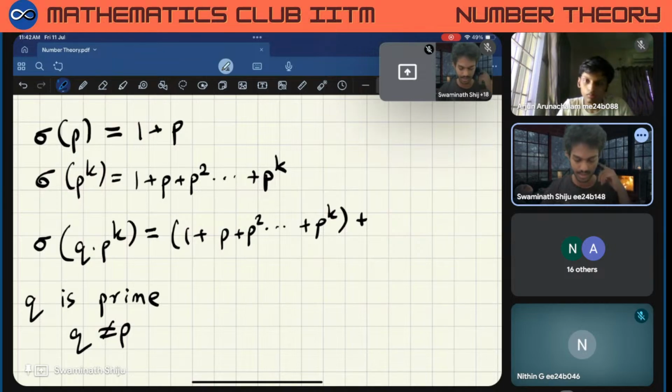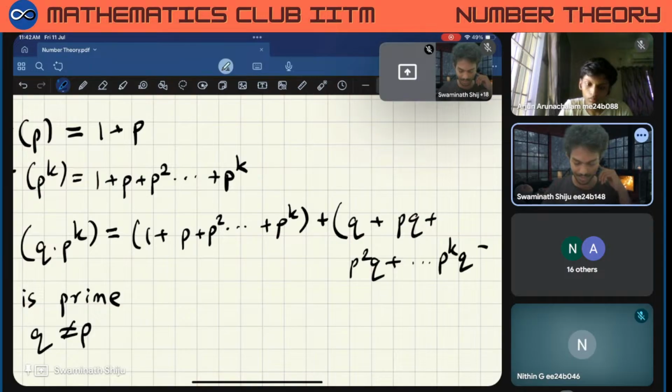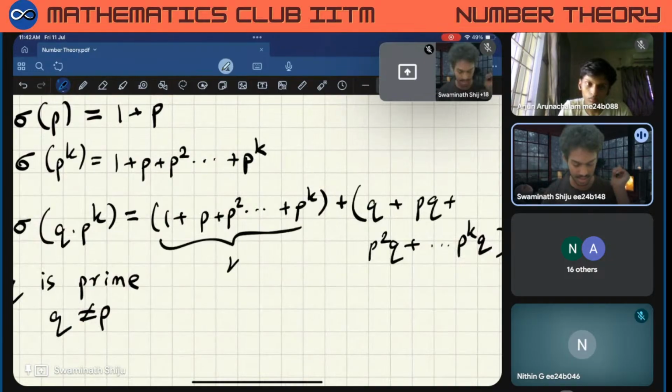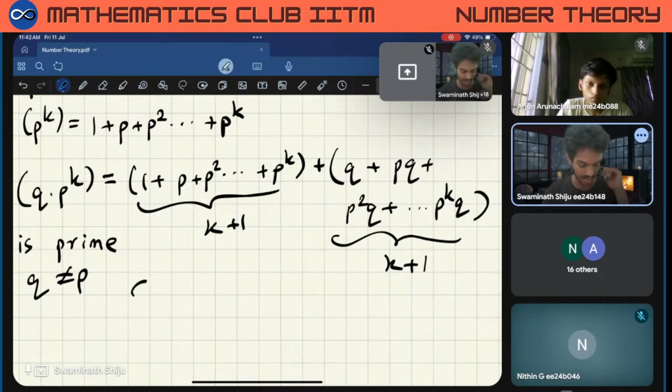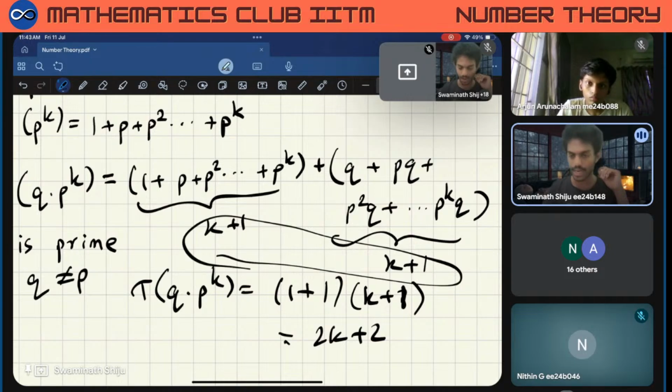So then you'll have factors like q plus pq plus p square q plus so on, p power k q. Now we can do a sanity check here. This is k plus 1 factors, this is k plus 1 factors. Tau of q into p power k is (1 plus 1) into (k plus 1), which is 2k plus 2. That's how many we have, so we counted all of them.